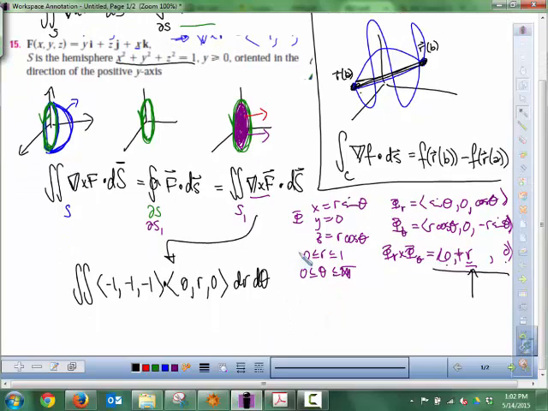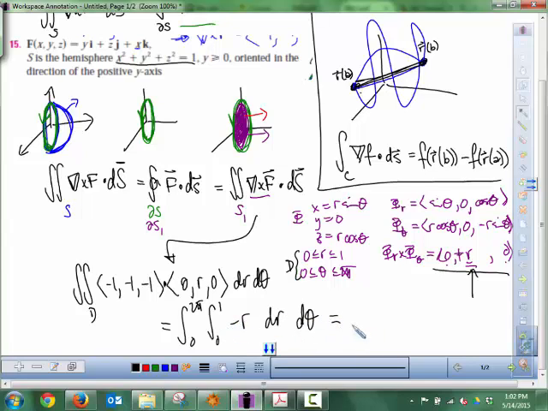So our domain here is a nice square now that we're in polar coordinates. So then we can set up our integral to be an integral from 0 to 2 pi for theta, integral from 0 to 1 for r, negative r dr d theta.